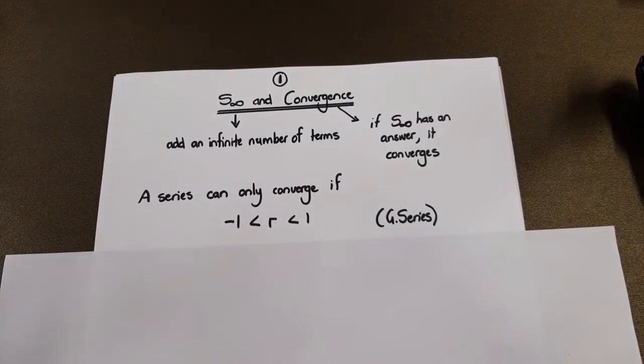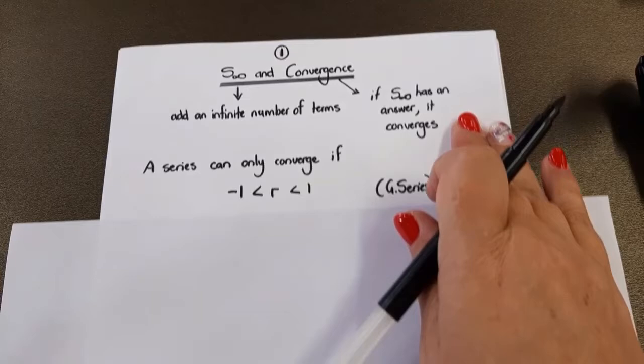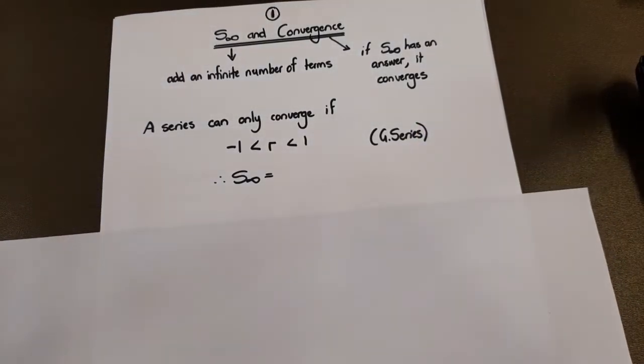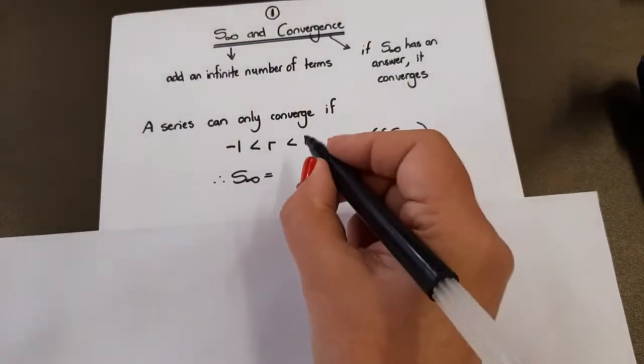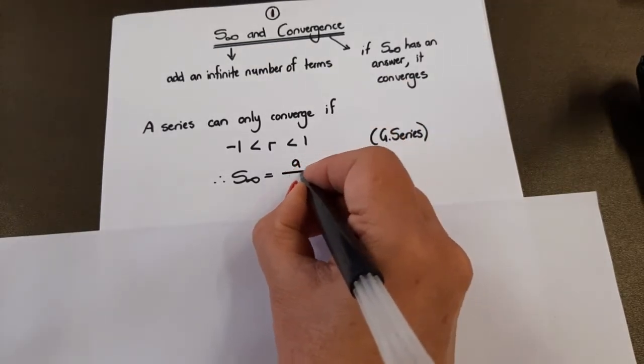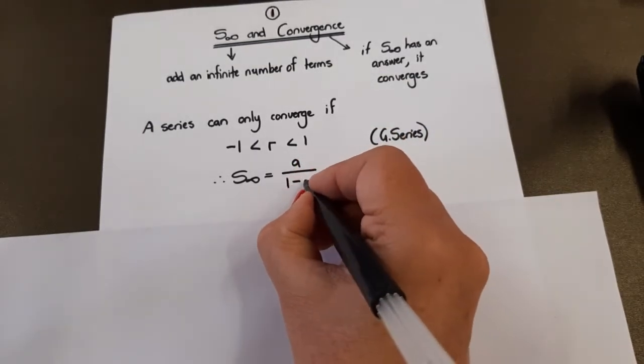Only then can you say that a series converges. And we have a certain formula to determine what the answer will be, only if r lies between those two values. The formula is a over 1 minus r.